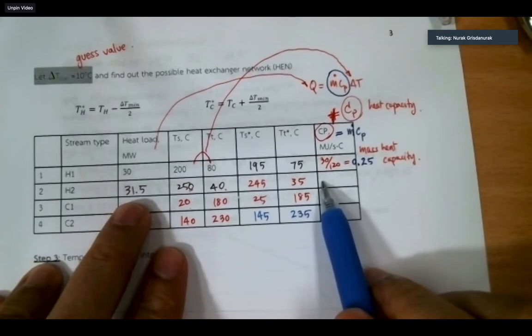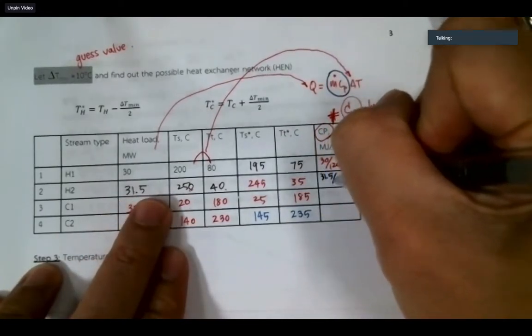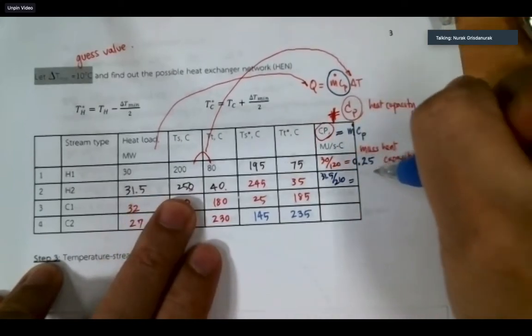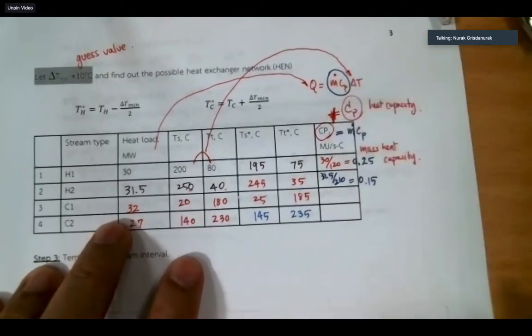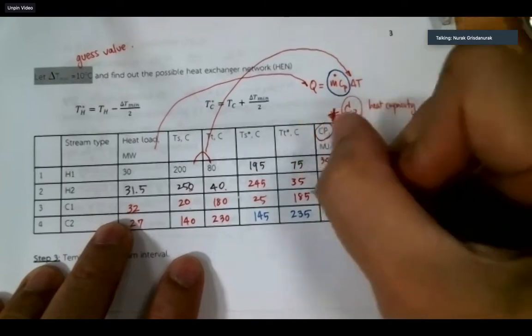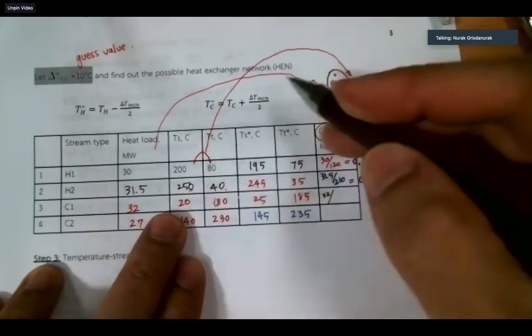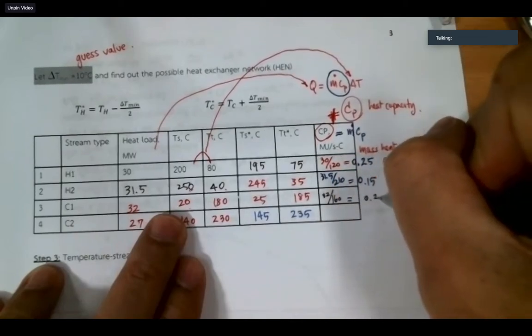How about the next one? Q 31.5 divided by 210, so it becomes 0.15. Next, 32 divided by the temperature difference 160 becomes 0.2.